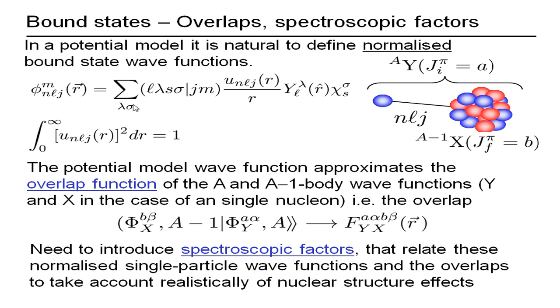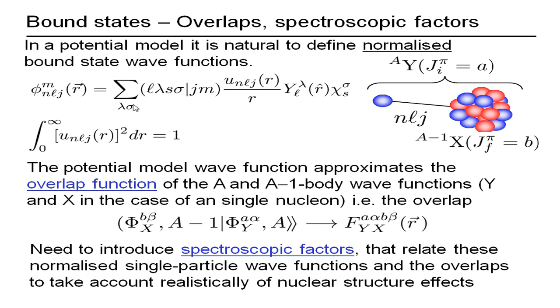I'm just showing you some transparencies we've seen before. As we've just said, we've been dealing with a potential model where we define a normalized bound state with some quantum numbers, but as we heard in some detail last time, what we're really talking about here is our overlap functions, where we need spectroscopic factors.